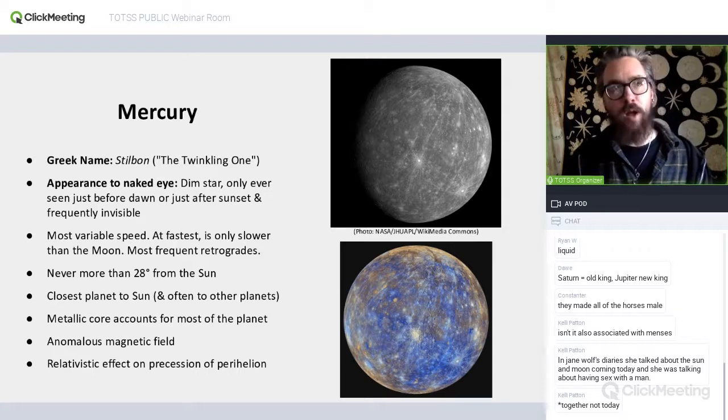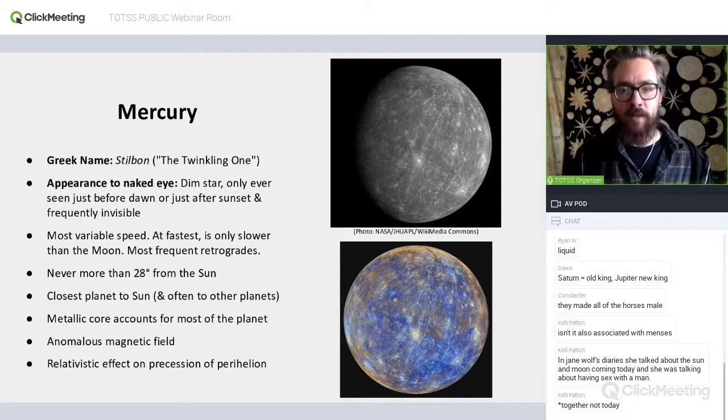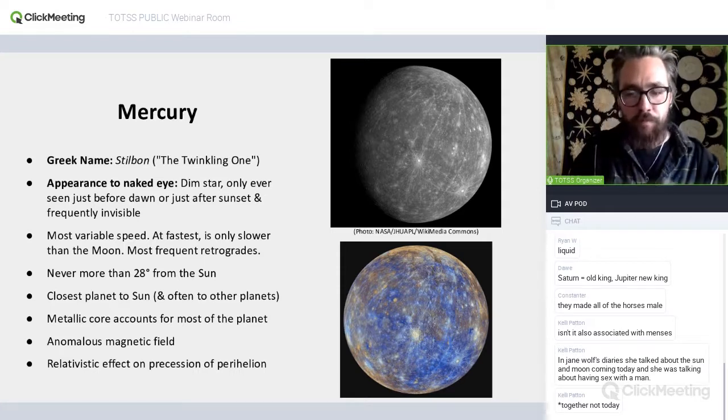So there was a theory for a while that there was another planet, out of phase with the Earth, so we could never see it, that was disturbing Mercury's orbit. But it was actually a nice confirmation of general relativity. It's actually time dilation, because of Mercury being so close to the sun and the strength of the sun's gravitational field. The precession of Mercury's perihelion is actually slowed down by time dilation.